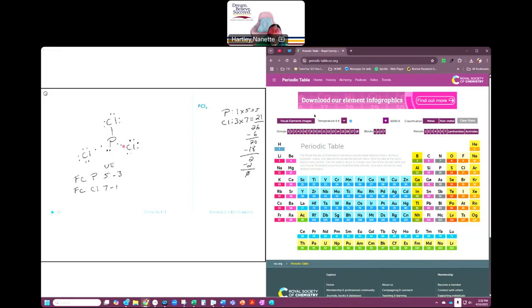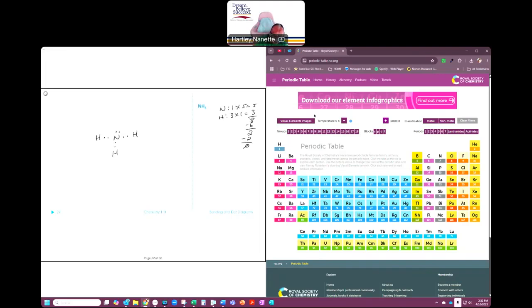So 1, half of those bonds. Each one gets 1. And we then take the non-bonding electrons for the phosphorus. He's got 2. And so his formal charge is 0. We talk about our chlorines. He gets 2, 4, 6. So each one of those is 0. So there's no formal charge in that molecule. Cool, we love that.